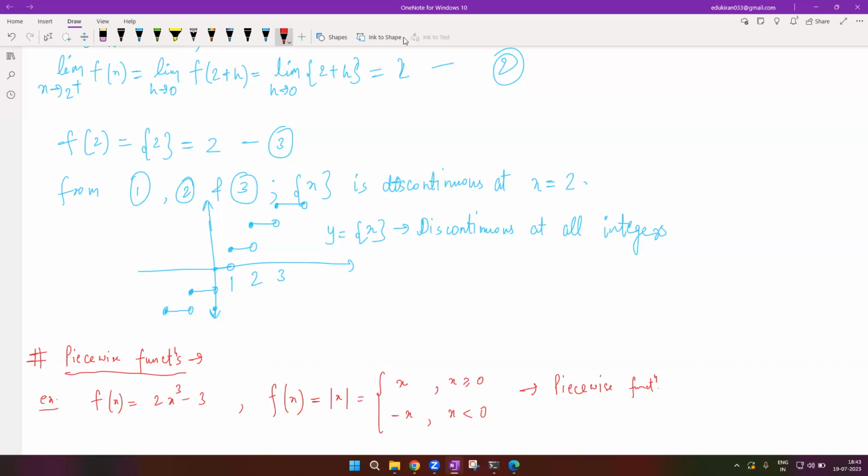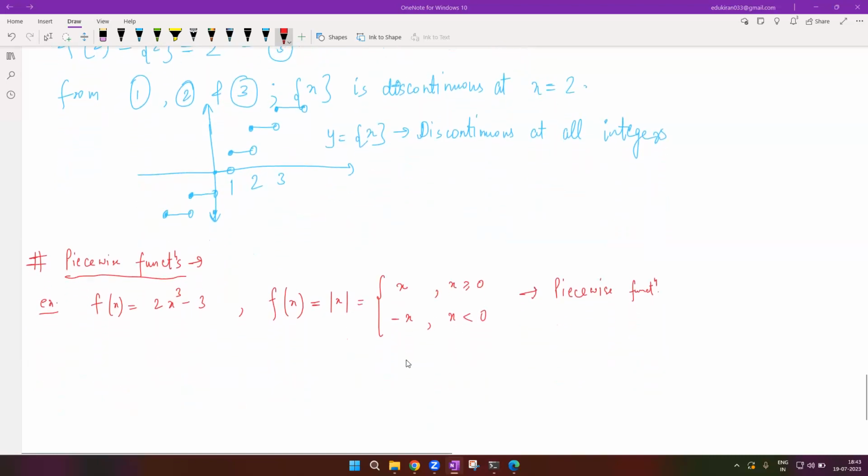Let's take another example also, and with this example, also understand how to use piecewise functions.